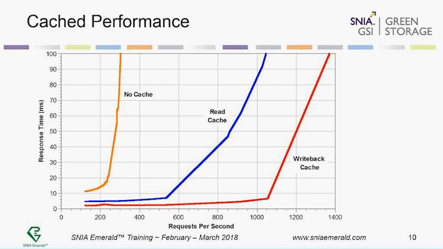The idea there is that in many cases, the read-aheads will allow those adjacent blocks that we talked about to be staged into cache before they're actually needed. What that does is effectively lower the response time and drastically improve the I/O rate, requests per second.